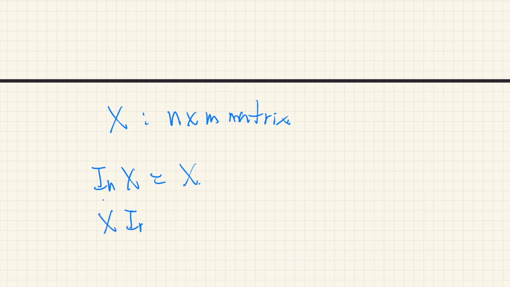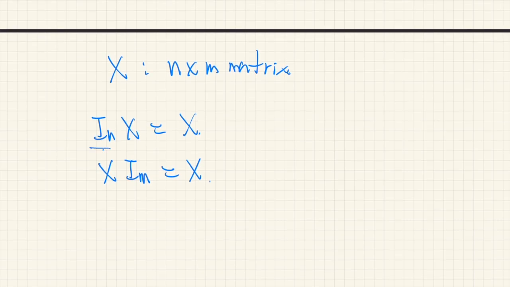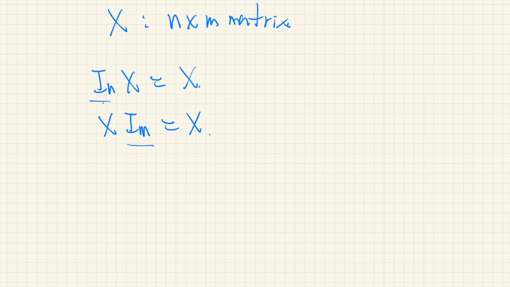If we have an n by m matrix X, then we have the following equality: I_n, the n by n identity matrix, times X is equal to X. And also, X times I_m, the m by m identity matrix, is also equal to X. So the identity matrices act as multiplicative identities. So let's prove this.